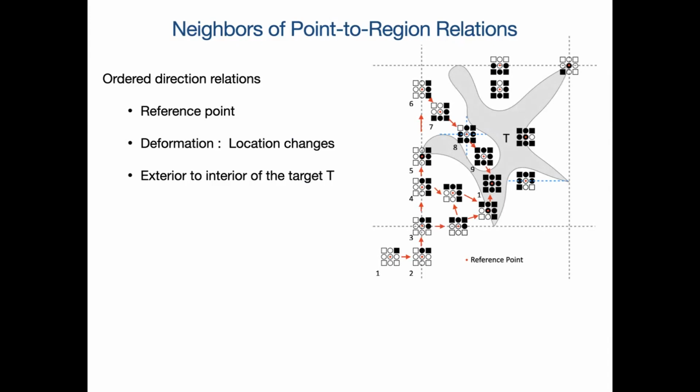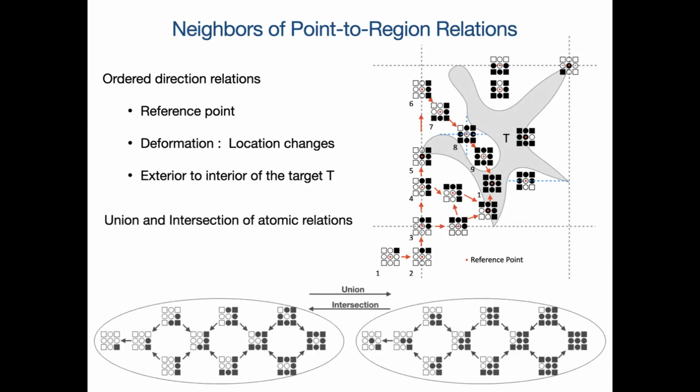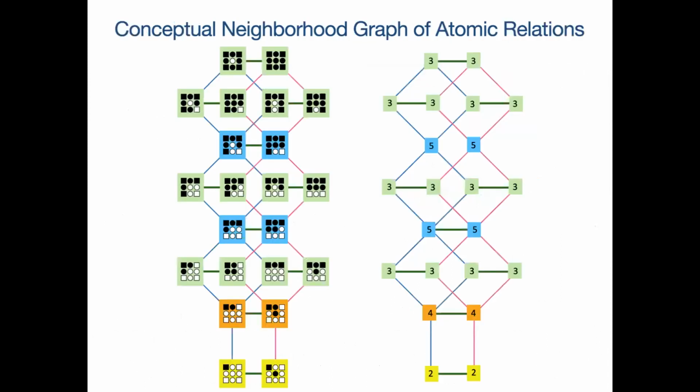We are talking about it as continuously varying along the space from the exterior to the target. And simultaneously, we use the union and intersection between the atomic relations. It shows the relationships, and it allows us to order the atomic base relations.